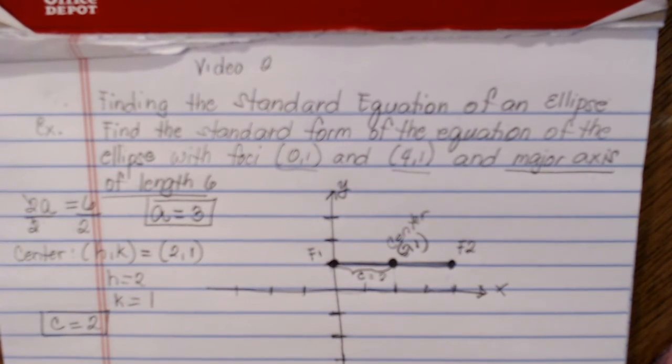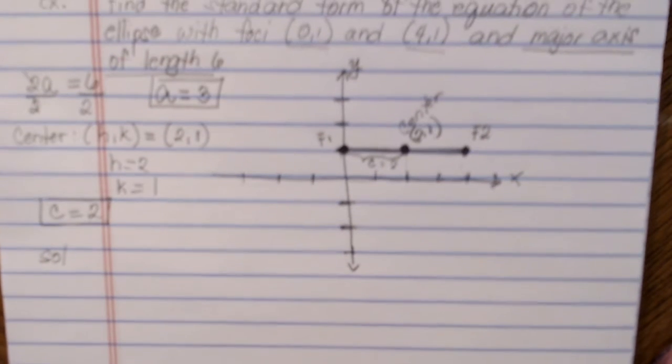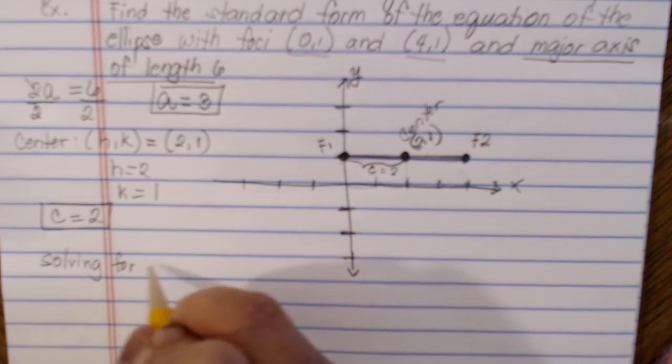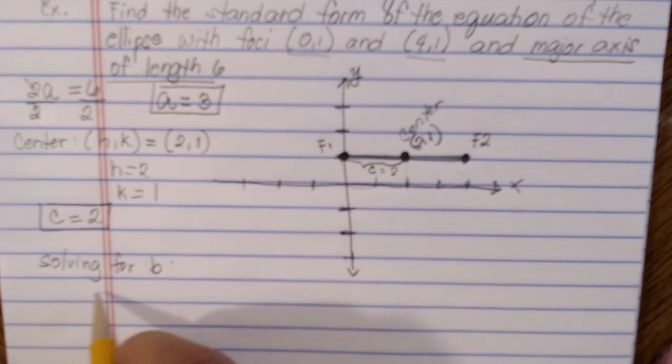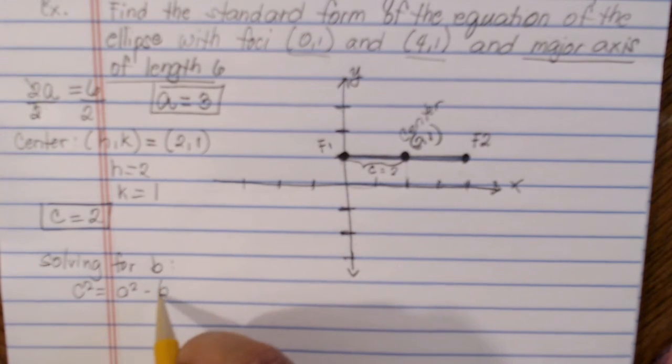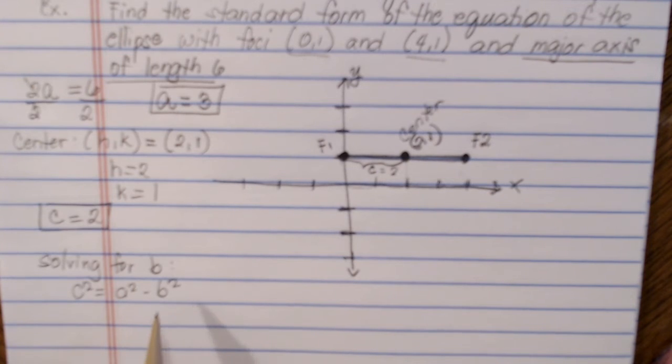Using the formula c squared equals a squared minus b squared, I'm solving for b, so I'm going to do a little bit of algebra here.